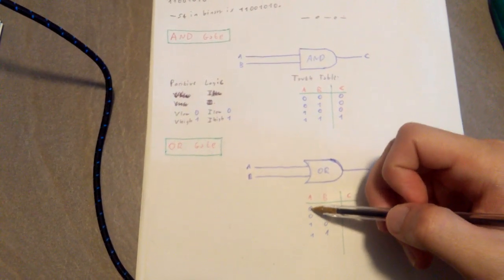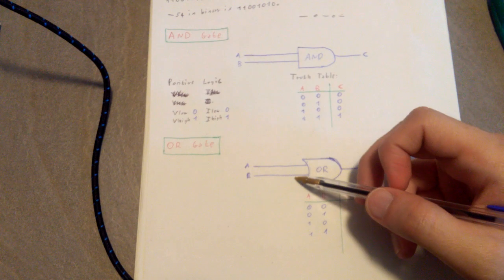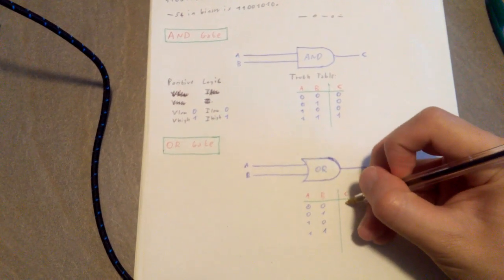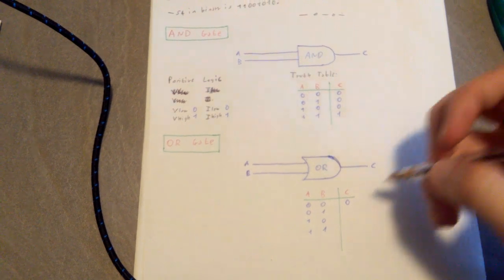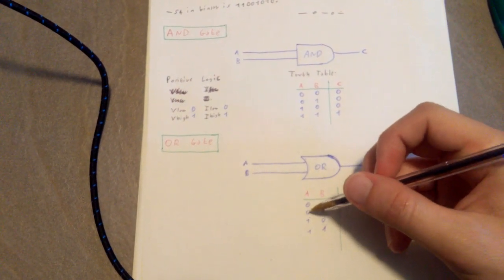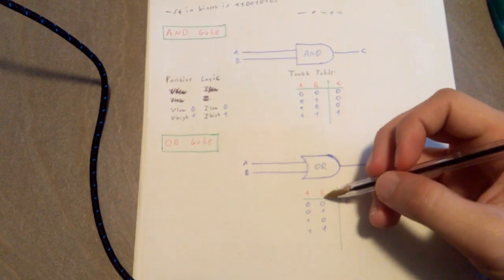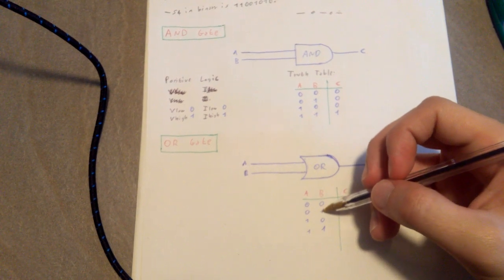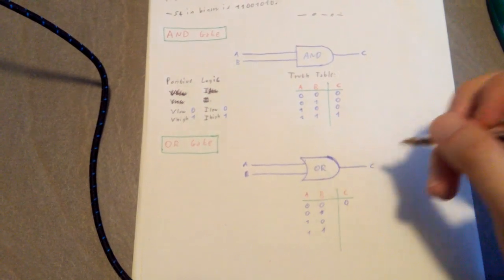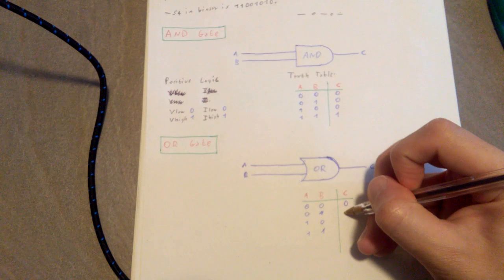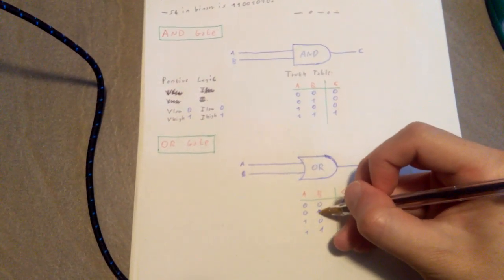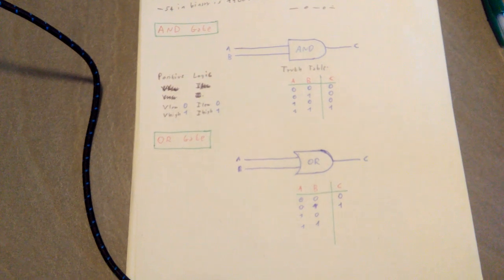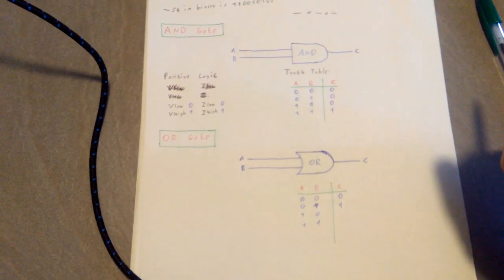So if A is 0 and B is 0, then the output is going to be 0 because none of them have a high voltage. Now if A has a low voltage, is 0, and B has a high voltage, is 1, then the output is going to be 1 because OR says at least one of them has to have a high voltage.